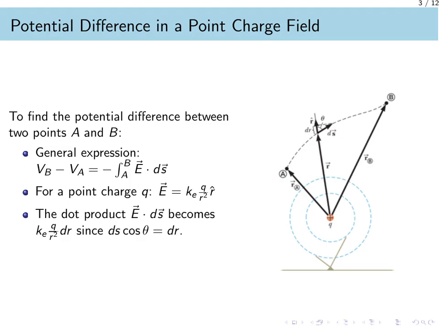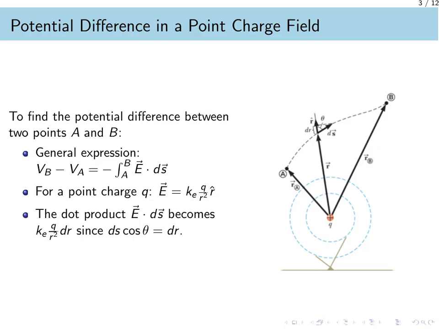To find the potential difference between 2 points, A and B, we start with the general expression. The potential difference, V sub B minus V sub A, is the negative integral from A to B of the electric field vector dot the differential displacement vector ds.